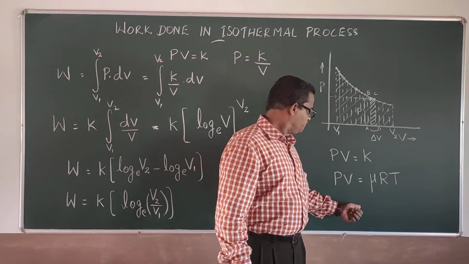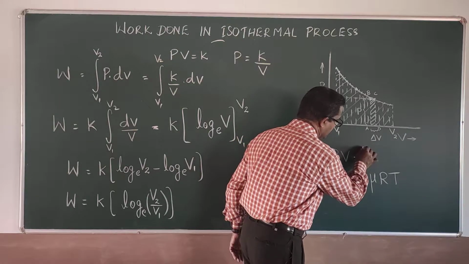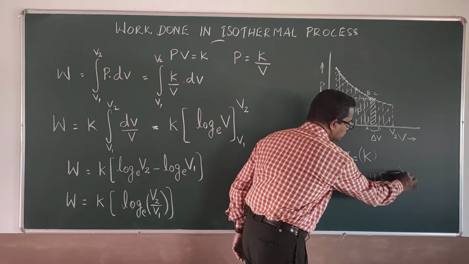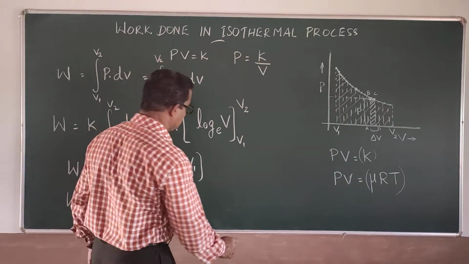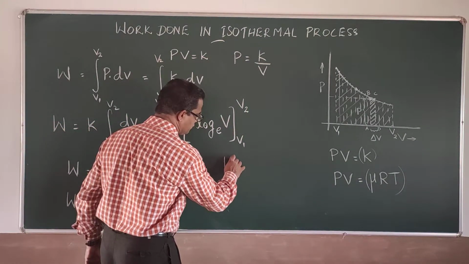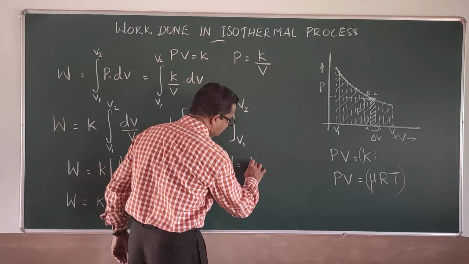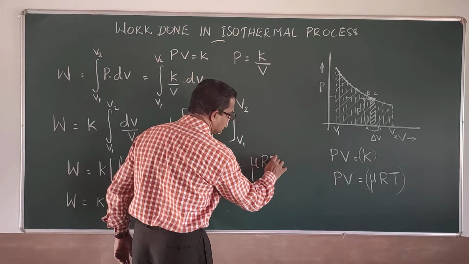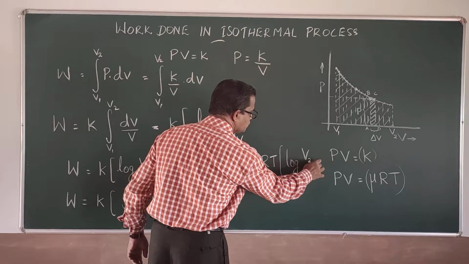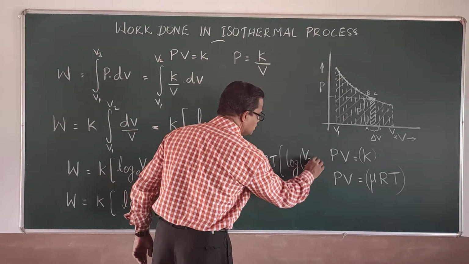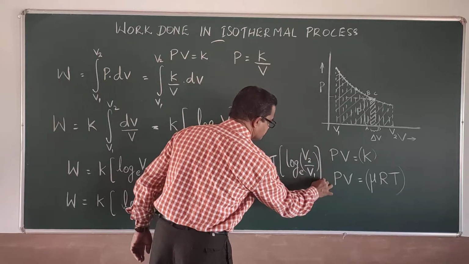Therefore, the value of K is nothing but mu RT. So the equation for work done will be equal to mu RT into log V2 by V1 to the base E.